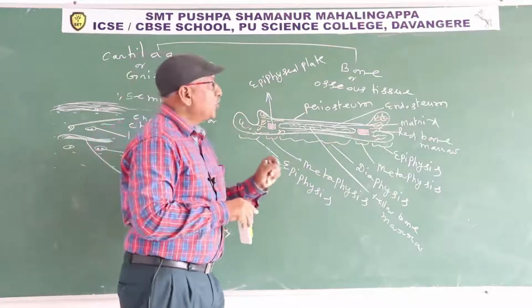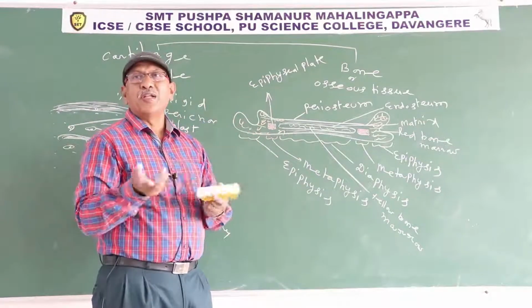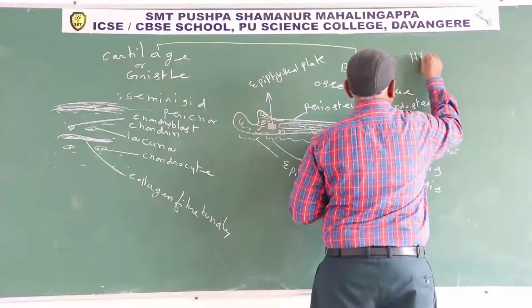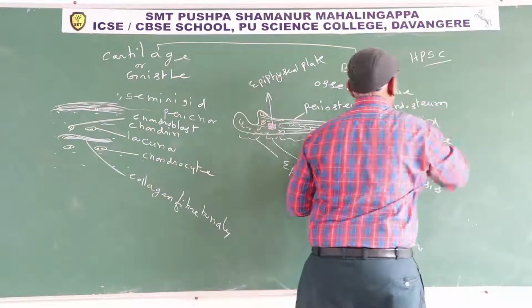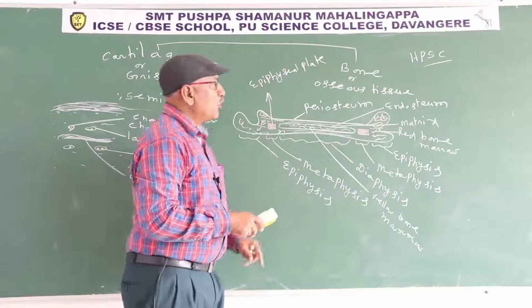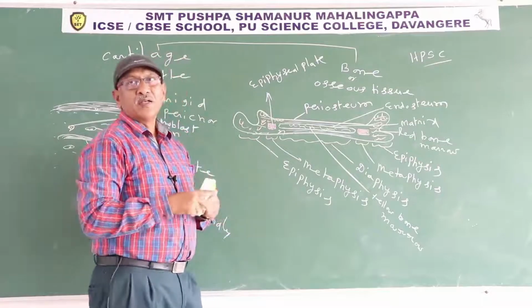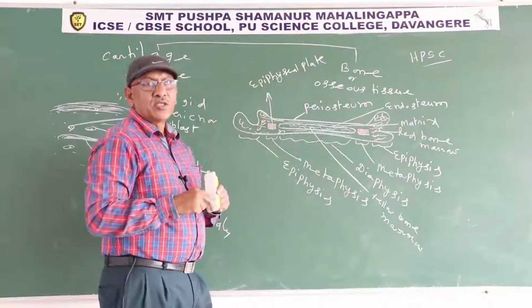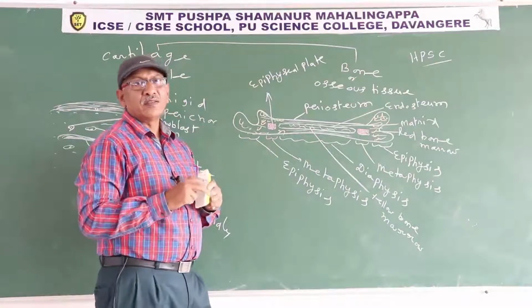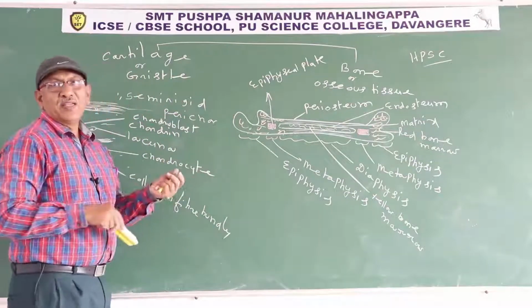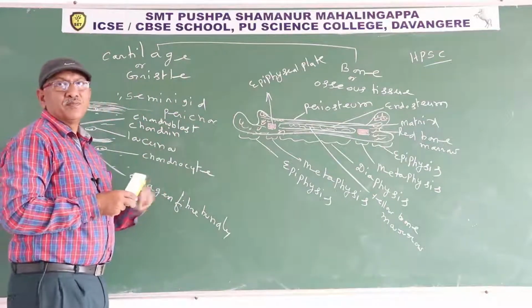The stem cell that produces blood cells is known as hemopoietic stem cell, HPSC. So red bone marrow produces different types of blood cells: erythrocytes, leukocytes, thrombocytes or blood platelets. With the help of a diagram, you can easily explain a few points.